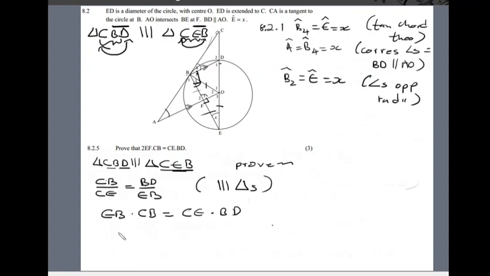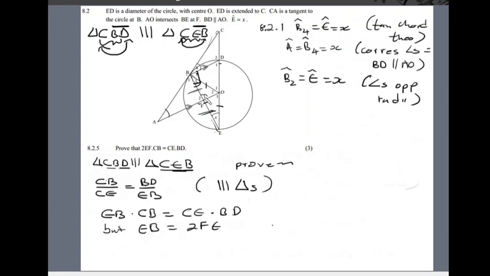right? But remember, F is the midpoint of BE, which implies that EB, F is the midpoint of EB, right? Which implies that EB is equal to 2FE, that is FE plus FE, because BF and FE are equal, so EB will be equal to 2FE, right?